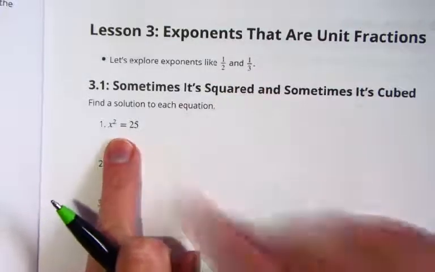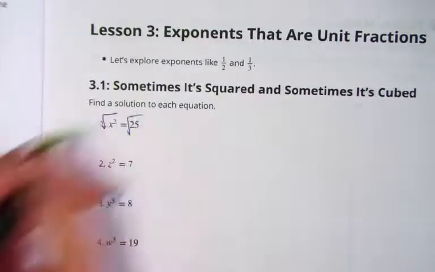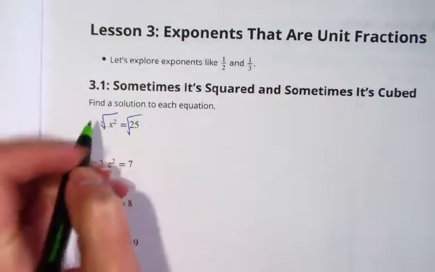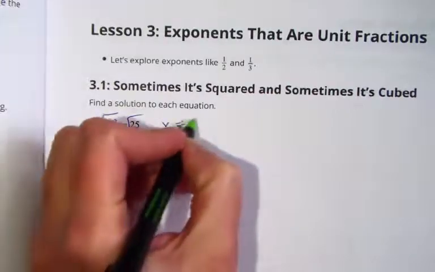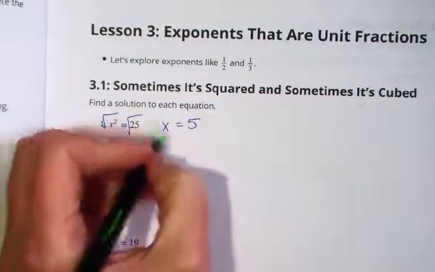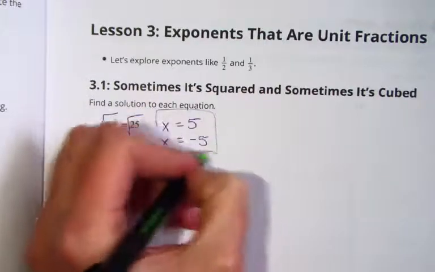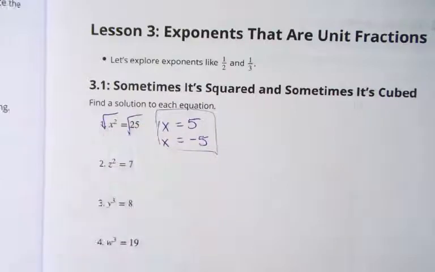Finding a solution to each equation, we've already seen how we can do square roots and use that to do opposite operations of squares. And so we would find that x equals 5, because 5 times 5 is 25, and our other square root of 25, -5.